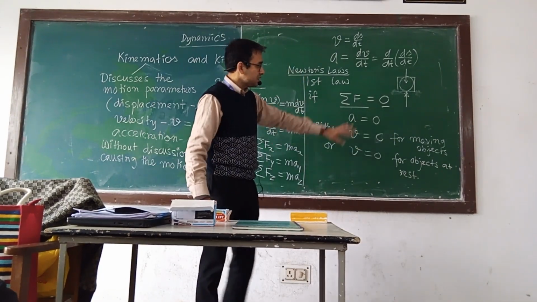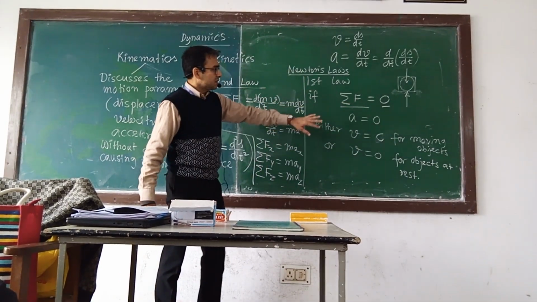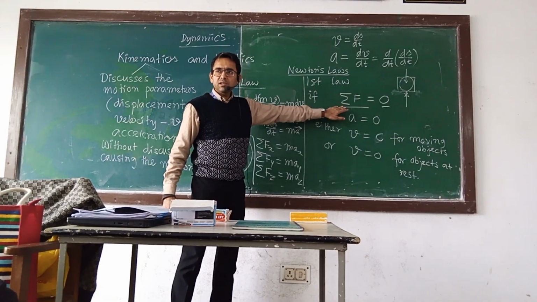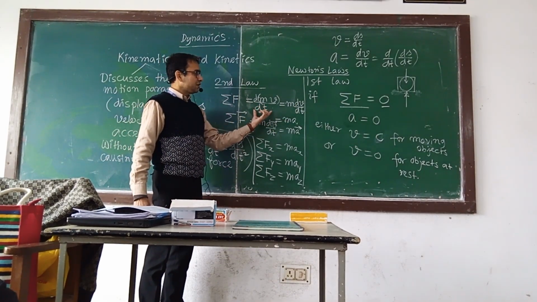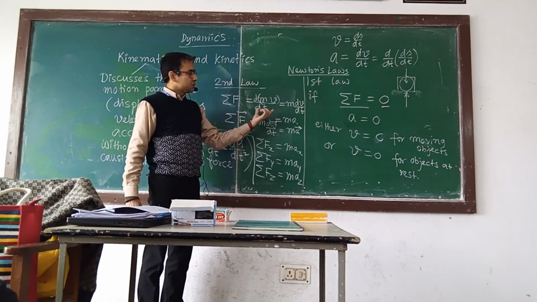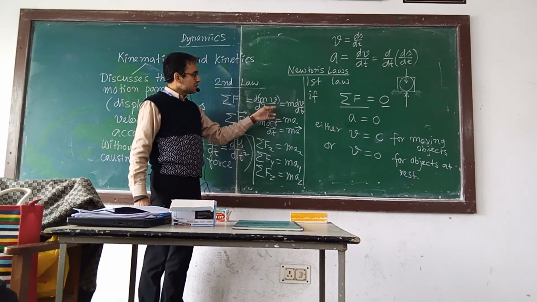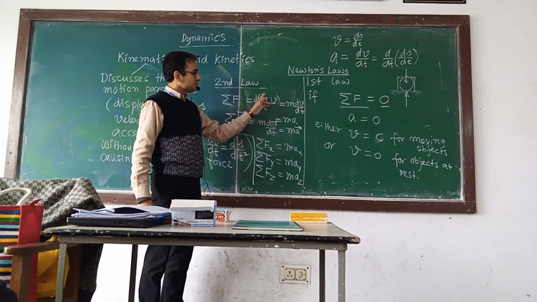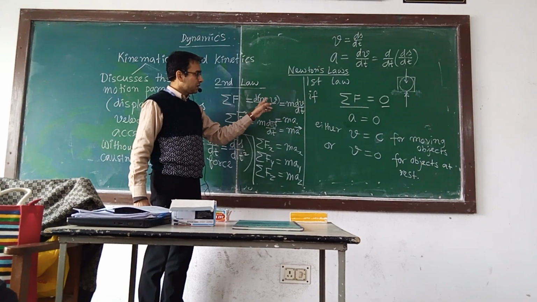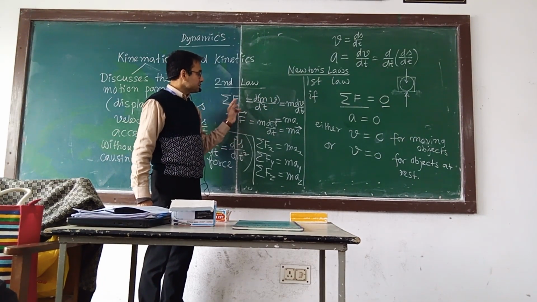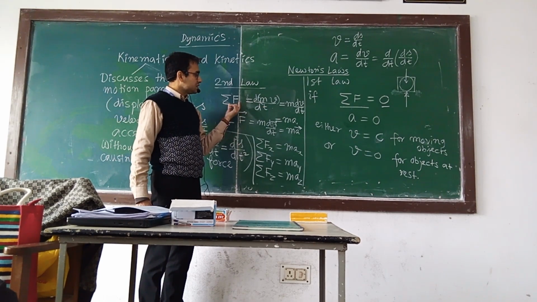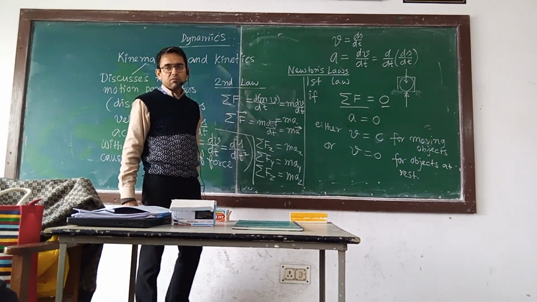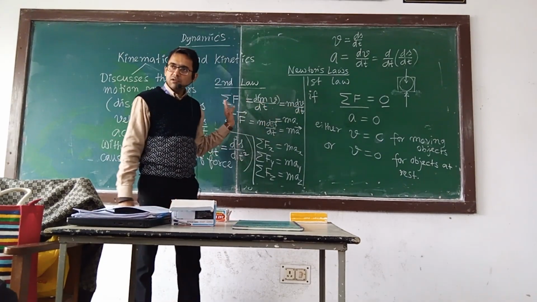That means this first law is a special case of the second law. Isn't it? In the second law, this is basically non-zero. So here it is how the momentum is varying. That is basically proportional to the force. That means if it is zero, then it is zero. So the first law is a special case of the second law.